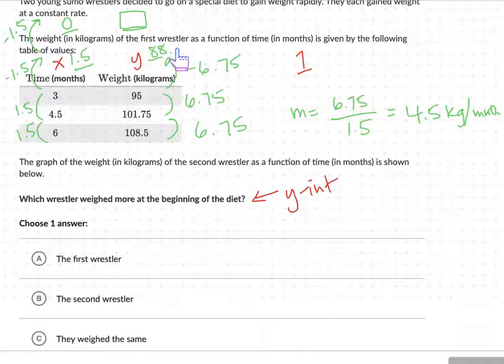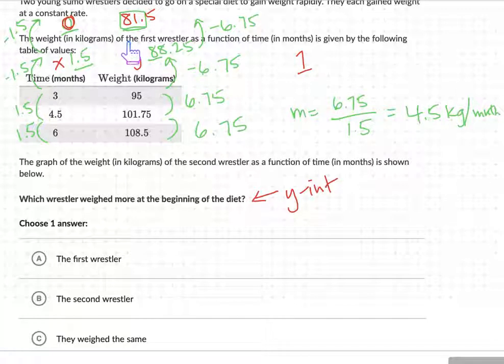So I get 88.25. I'm going to change one more time according to that rate of change. So that's 88.25 minus 6.75, and that's 81.5. So at time 0, at 0 months, before they even started comparing their weights on this special diet, the first wrestler was at 81.5 kilograms.